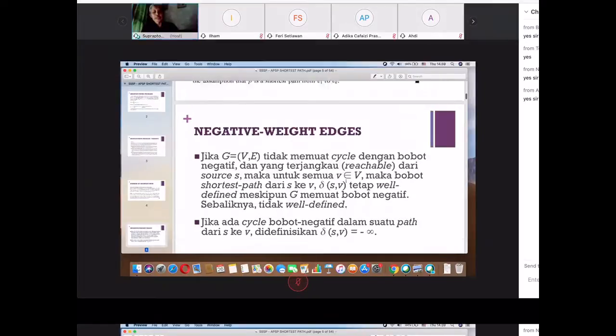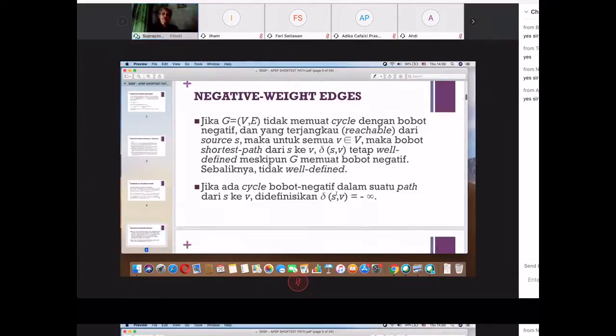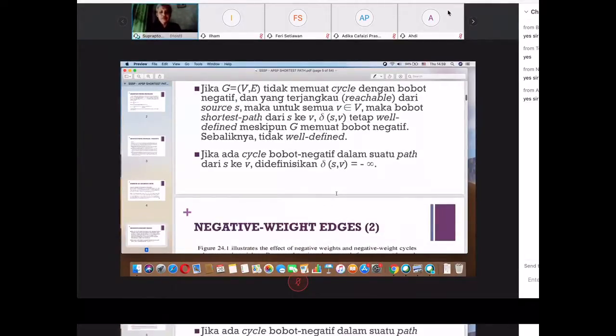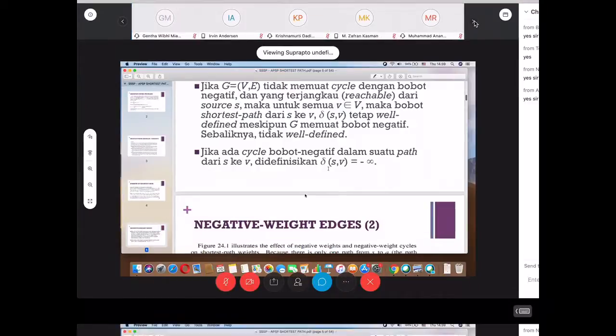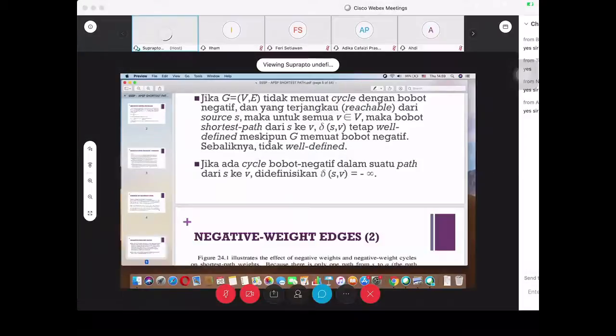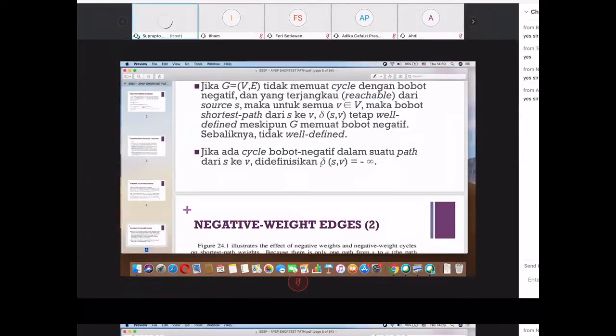Is it obvious? You will see the illustration later. So, if there is a cycle with negative weight in a path from S to v, then we have to define that small delta, the shortest path weight from S to v, is set to negative infinity.